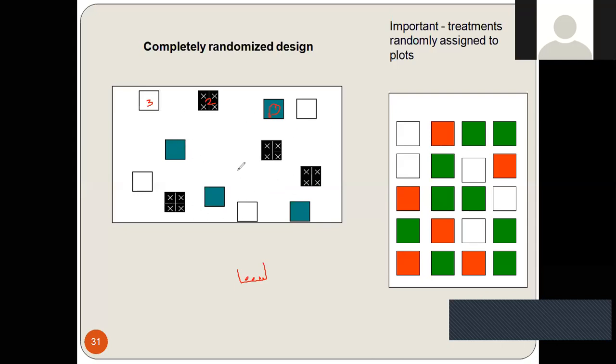This is basically called randomization. There is no pattern existing here, right? So this is a good design. Why? The number of replicates is the same: 4 for black, 4 for white, and 4 for this blue color. So randomization is okay, right? What about the others?